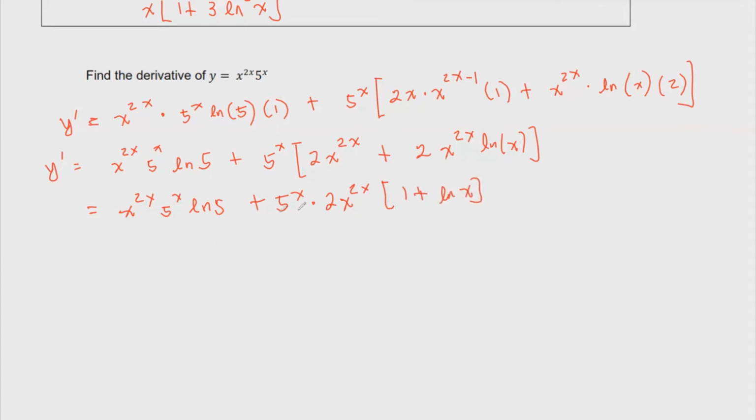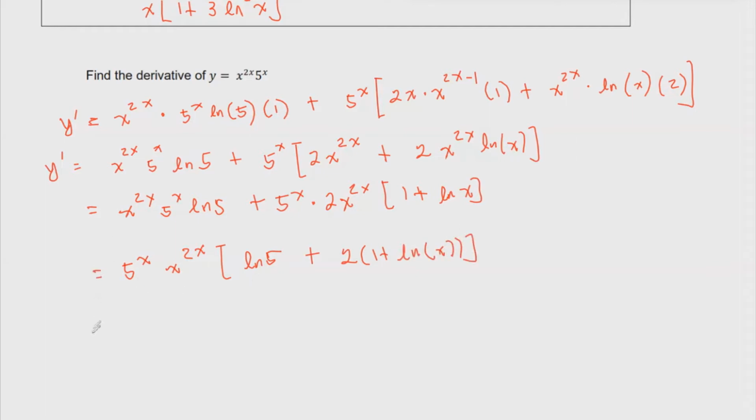And in this way, we can factor out 5 to the x from this expression, and of course x to the 2x. So we have 5 to the x, and then x to the 2x, and then we're left, in this case, ln of 5. And then for this one, we have plus, we factor out this one, so we'll just be left with 2. So we have 2 times 1 plus ln of x.